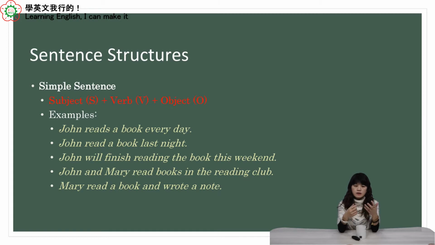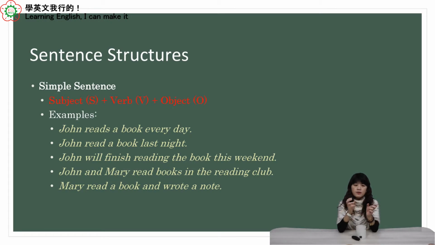The subject is the same, John. So John read a book, and a book is the object here. The third sentence I gave you is: John will finish reading the book this weekend. This weekend is the future time, so the verb needs to change form to will finish.